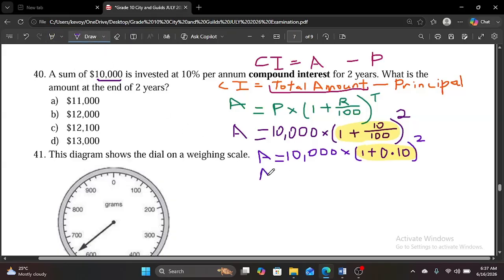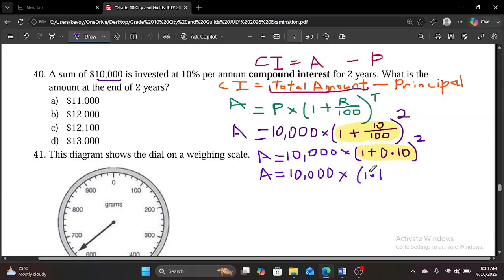So A is equal to 10,000 multiplied by 1 plus 0.10. That equals 1.1.